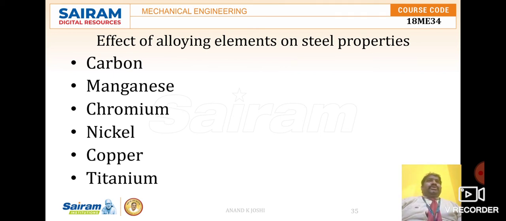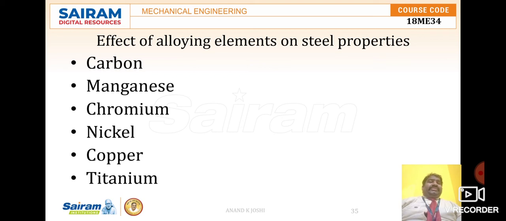Steel containing nickel usually has more impact resistance, especially for low temperature applications, and certain stainless steels employ nickel up to 20% also. So this addition of that content in the steel will improve the impact resistance.